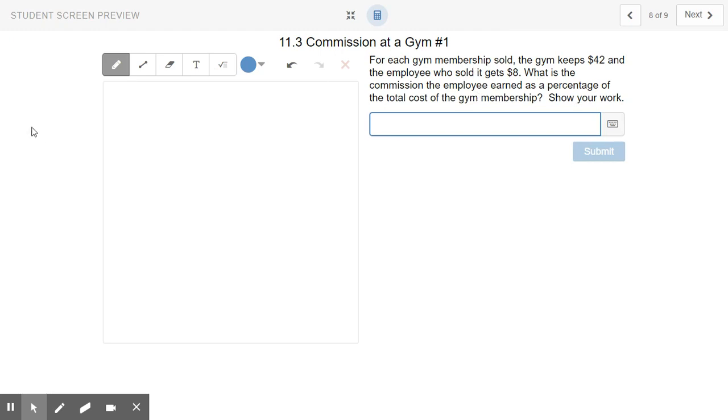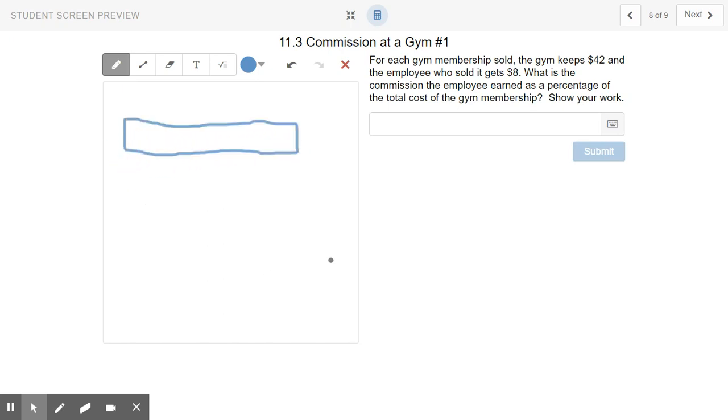All right. So here we have a gym membership cost, right? So here's the cost. And we know a couple things. We know for every gym membership that's sold, the gym keeps 42 and the employee who sold it keeps 8. Originally, I thought, oh, the whole gym membership costs $42. No, not true.